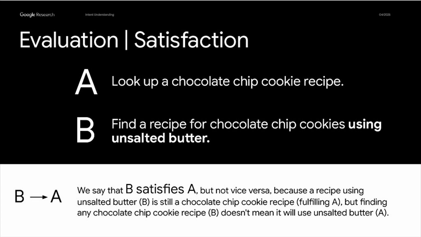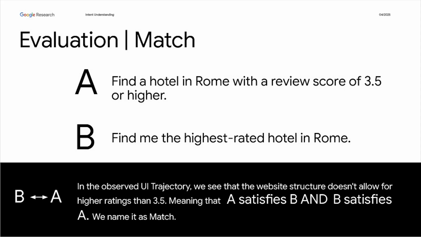Got it. And building on that, they then define something called a match. This happens when two goal descriptions essentially satisfy each other within the context of that specific app or website. So they sort of mean the same thing in practice on that particular site. Pretty much. The Rome hotel example in the sources illustrates this well.